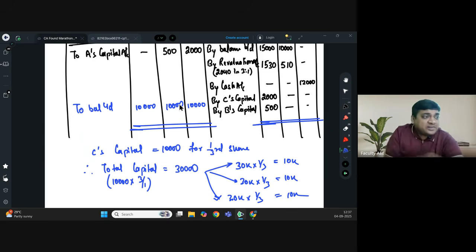Now the difference: either they will withdraw. If they have excess, they will withdraw. And if there is shortage, they will bring.